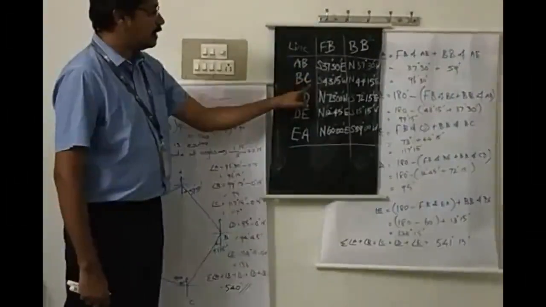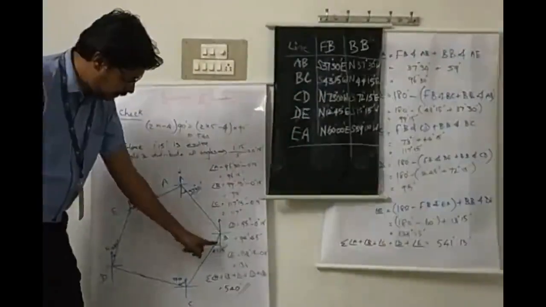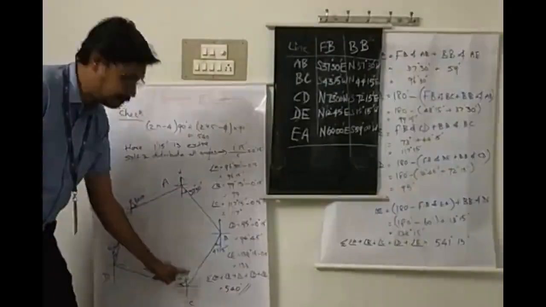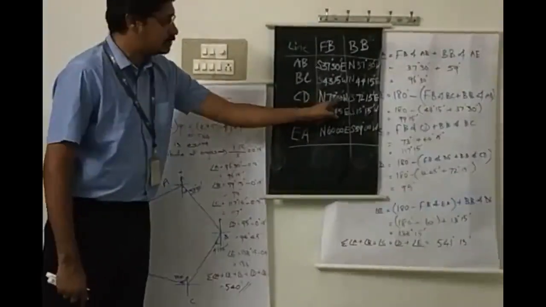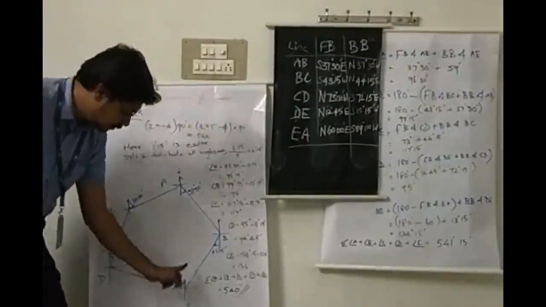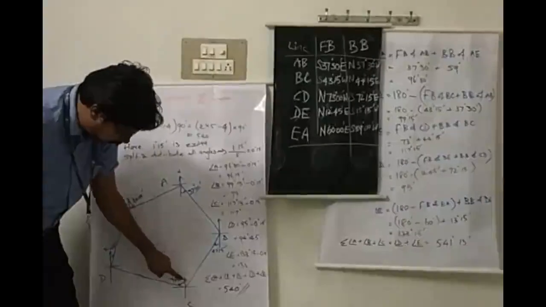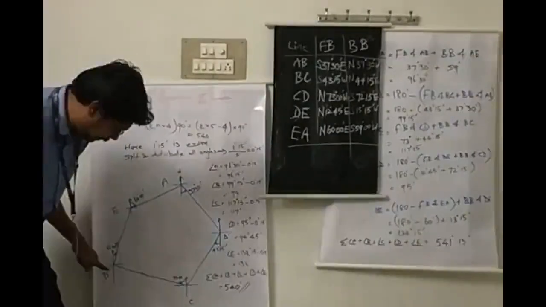Similarly, next the fore bearing BC is south 43 degrees 15 minutes west. From B, south west 43 degrees 15 minutes, drop a line. And then CD, north 73 degrees 0 minutes west. So mark the north, it is north west; from north towards west, it is 73 degrees, drop a line.